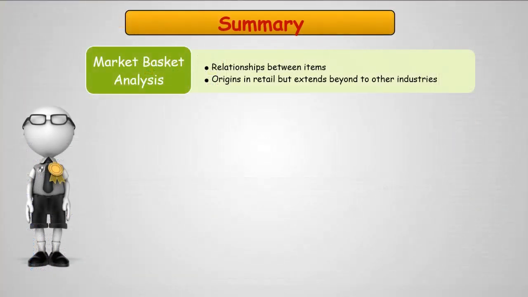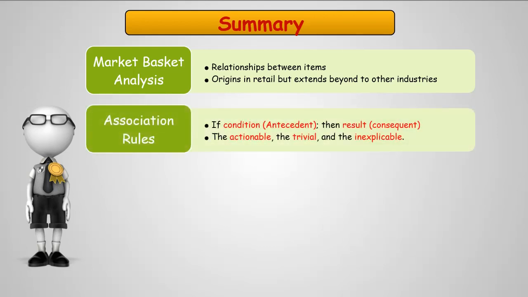So, chapter summary. Market basket analysis is a relationship between items. The origins are in retail, but it extends into other industries clearly as well. Association rules are an if condition, which is the antecedent, and a resulting condition, which is the consequent.